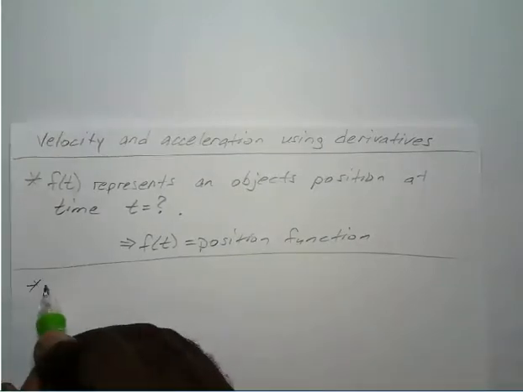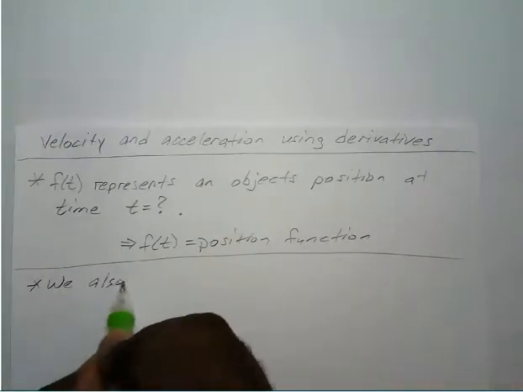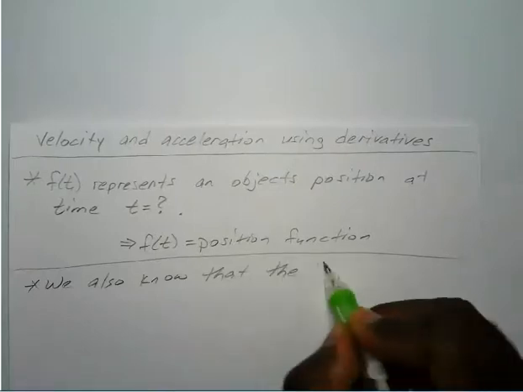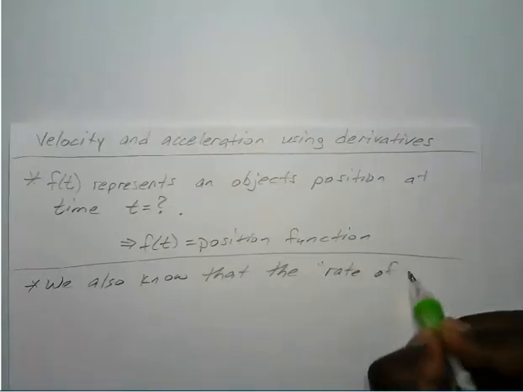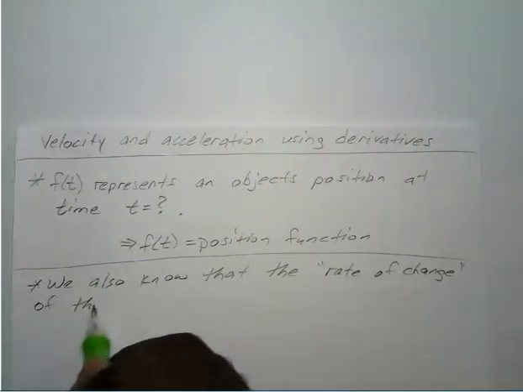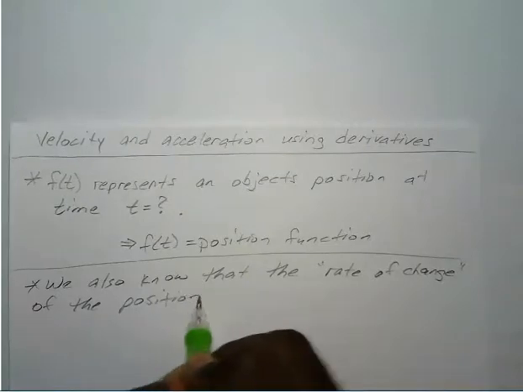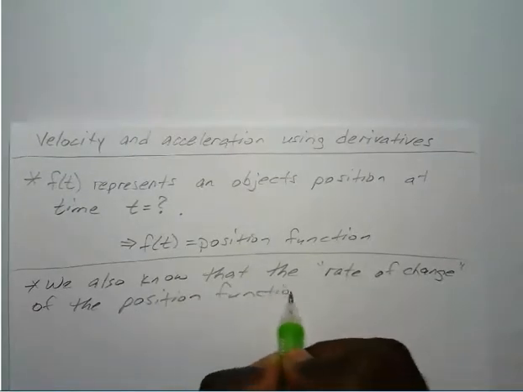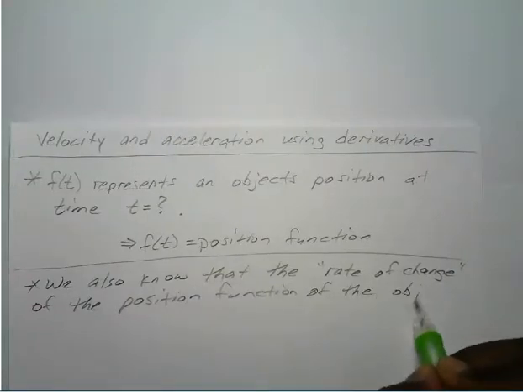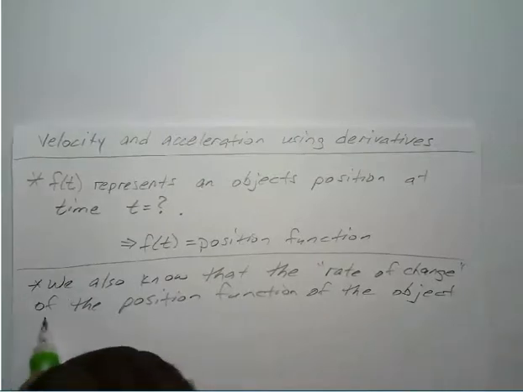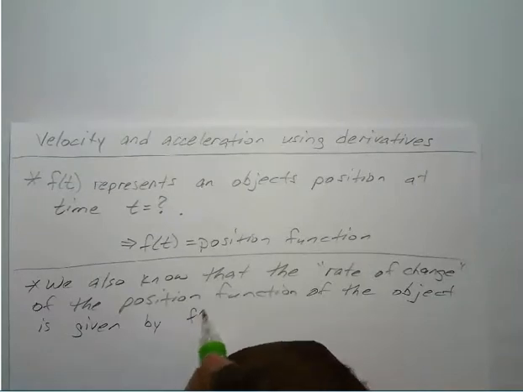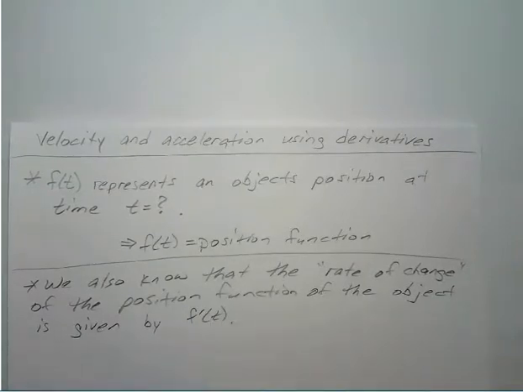So we also know that the rate of change of the position function of the object is given by the derivative of the position function, which is f prime of t.